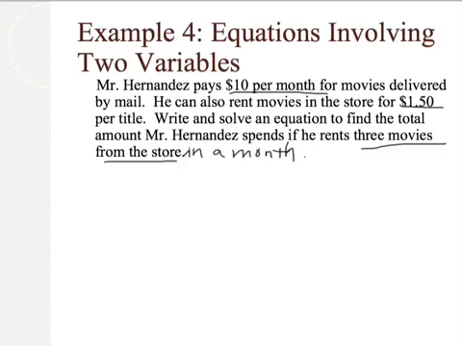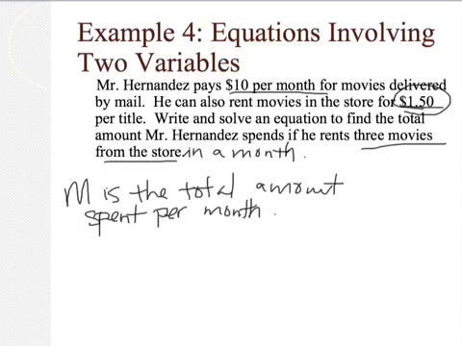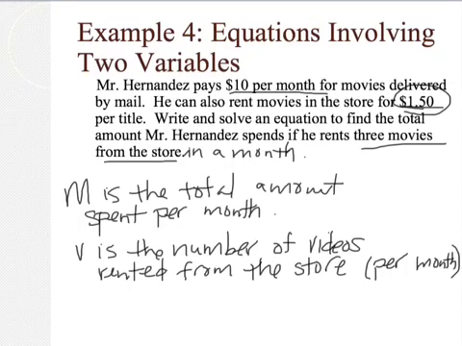So in a month, we know that he's going to spend $10. And we also know that he is going to spend $1.50 per movie. So let M be the amount he spends total per month, and V is the number of videos rented from the store per month.